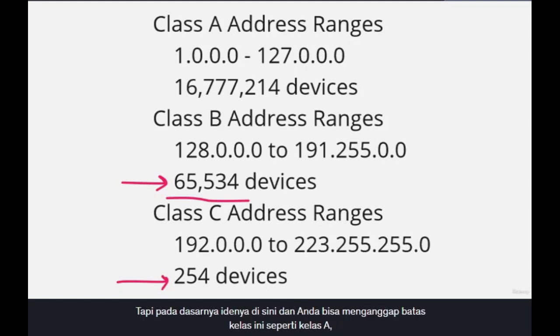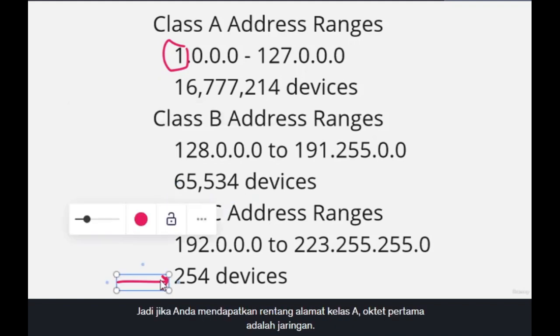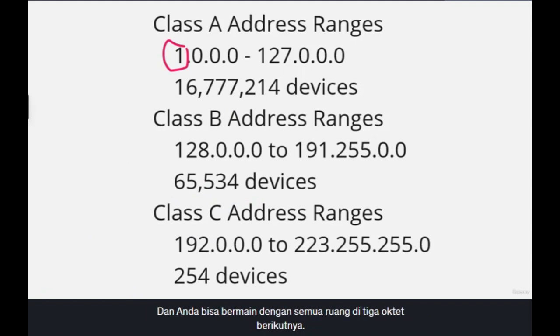But basically the idea here, and you can think of this classful boundary as with a Class A, the first octet is the network address. That's where you draw the line, right? So if you're getting a Class A address range, the first octet is the network, and you can play with all of the space in the next 3 octets.